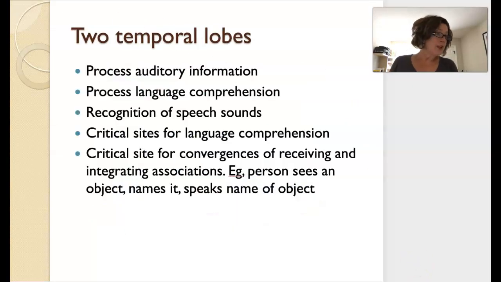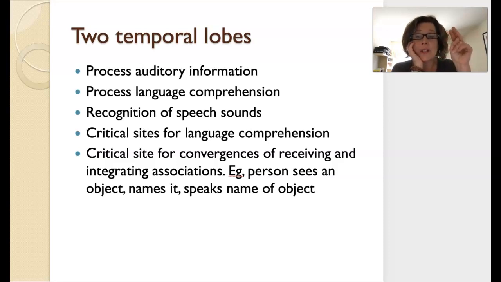Okay, the two temporal lobes, basically these are the two lobes that we are mainly concerned with when we talk about language development. All the other areas of the brain are interesting, but we're going to focus on two temporal lobes. So basically these two lobes process auditory information, so everything you're hearing. They process language comprehension, so that you're actually understanding me, recognition of speech sounds.